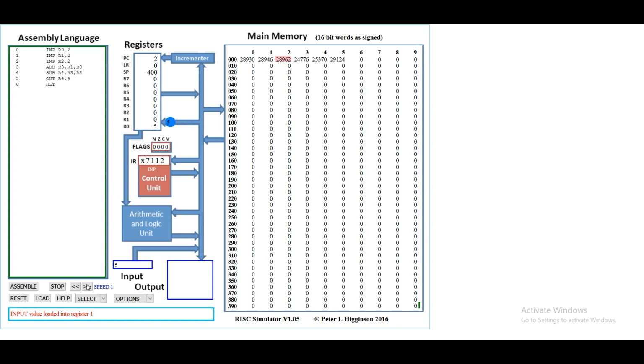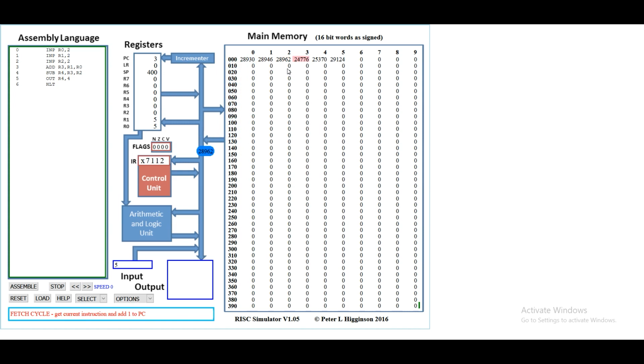I'll speed up the operation, guys. The PC gets incremented and now it becomes 3 and holds the address of the next location in RAM. The instruction 28962 is fetched from memory location 2 and transferred to the instruction register using the B bus.